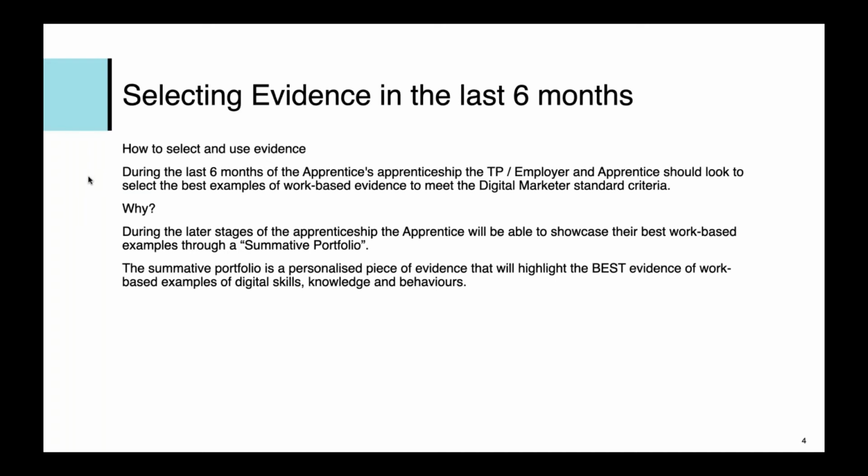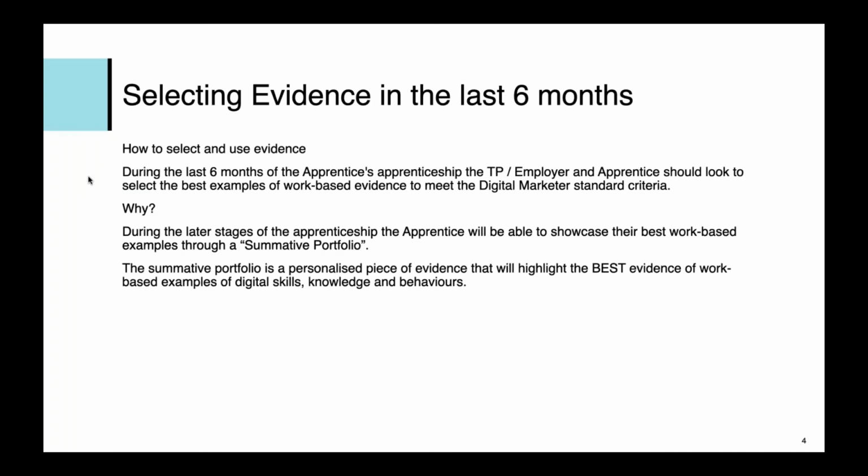The reason that we're suggesting this is during the later stages of the apprenticeship, the apprentice will be able to showcase the best work-based examples through a summative portfolio development. And what we want the summative portfolio to be is a personalized piece of evidence that really does highlight the best work-based examples of their digital skills, their knowledge and behaviours.